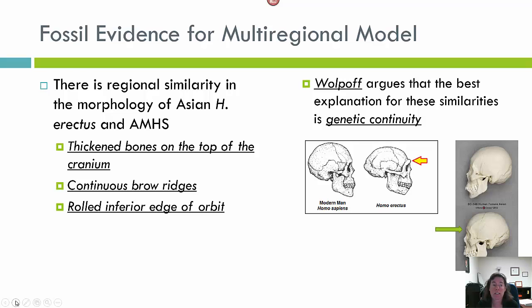These similarities include thickened bones on the top of the cranium, a continuous brow ridge, and a rolled inferior edge of the orbit. Milford Wolpoff, who's the foremost proponent of the multi-regional model, believes this combination of traits is unique to Asian peoples and ancient Homo erectus, and that the best explanation for these similarities is that there's genetic continuity among them.